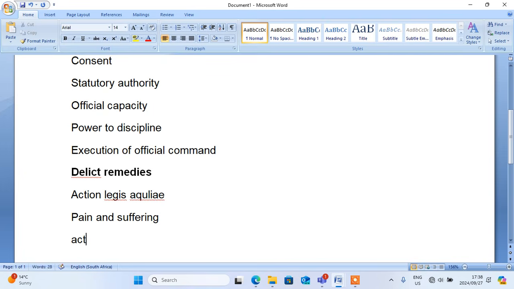Then we have the actio iniuriarum. This is the delict.